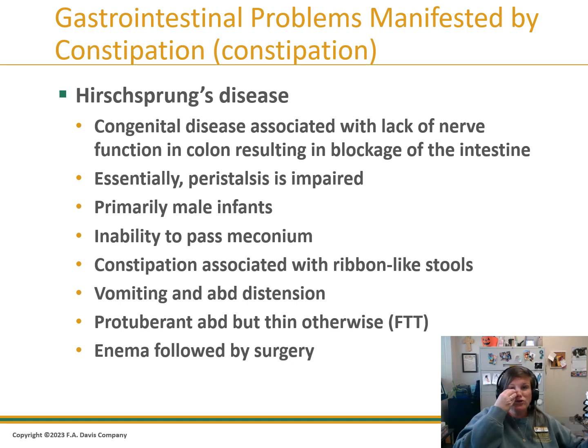So when they do have bowel movements, because of this nerve function and blockage, the stools that they have are very minimal, and they don't have the typical appearance. They're what they call ribbon-like stools.